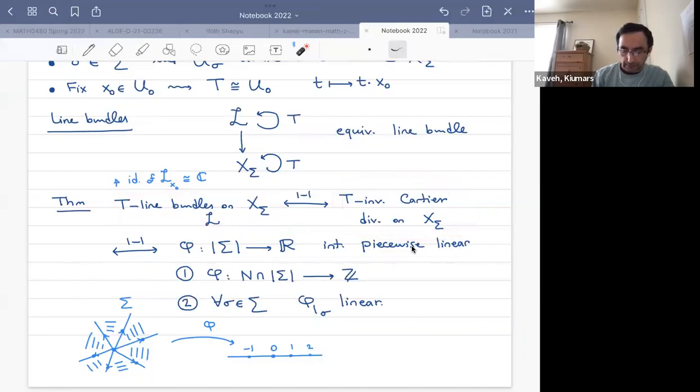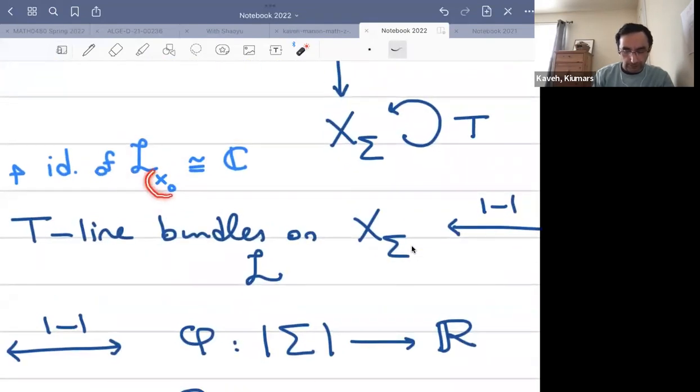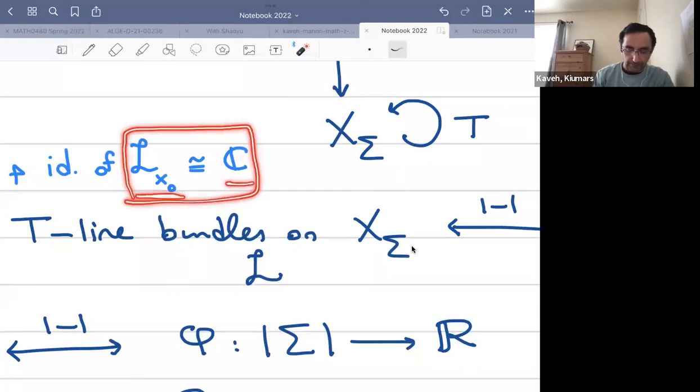I have written here a one-to-one correspondence, but to be more precise, I need one extra piece of data besides the line bundle. I need to look at the fiber of the line bundle over my distinguished point in the open orbit and fix an isomorphism of that line with C, meaning that basically we fix a non-zero vector here.